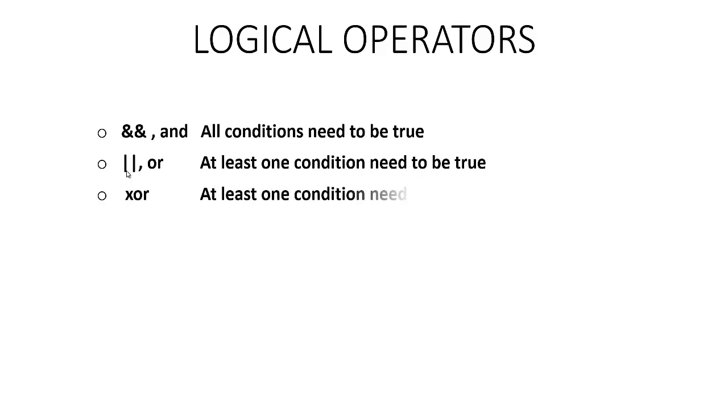Now we have XOR. Here we do not use XOR, and you will hardly see any condition where you use it, but it's my duty to explain all the possible operators, conditions and fundamentals of programming here. XOR is usually used to check that at least one condition is true but not both.